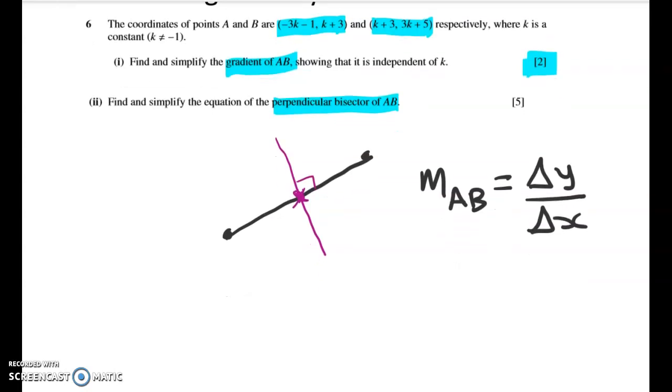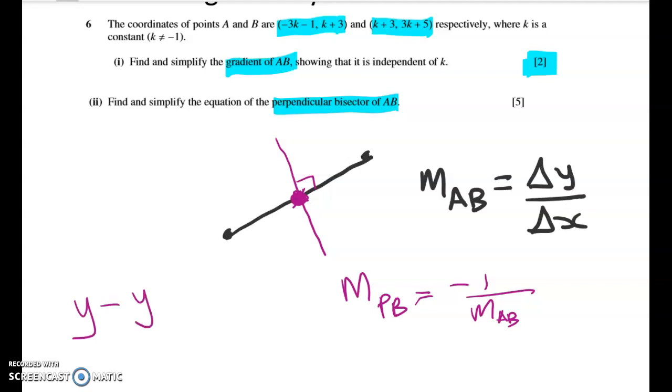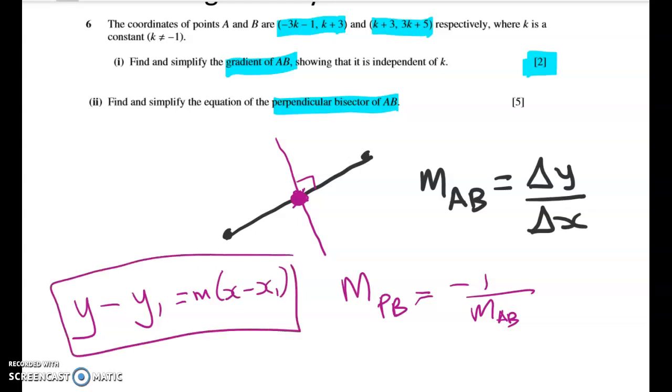We know that perpendicular gradients multiply to give us -1, so we can write m of PB is equal to -1 over m of AB. That's step 1. We also have to find the midpoint, and then we're going to use the point gradient form of the equation. Well, that's what I'm going to do, which is y minus y1 is equal to m times (x minus x1). So let's get going.